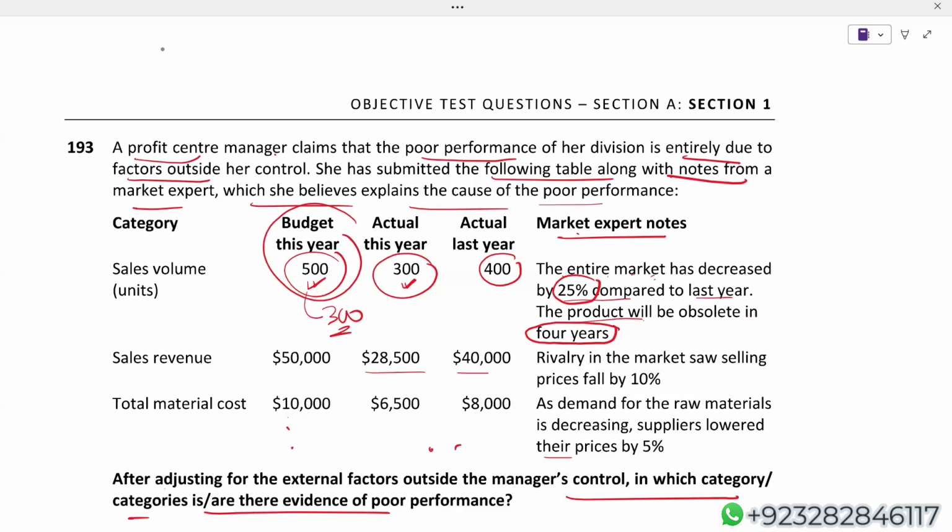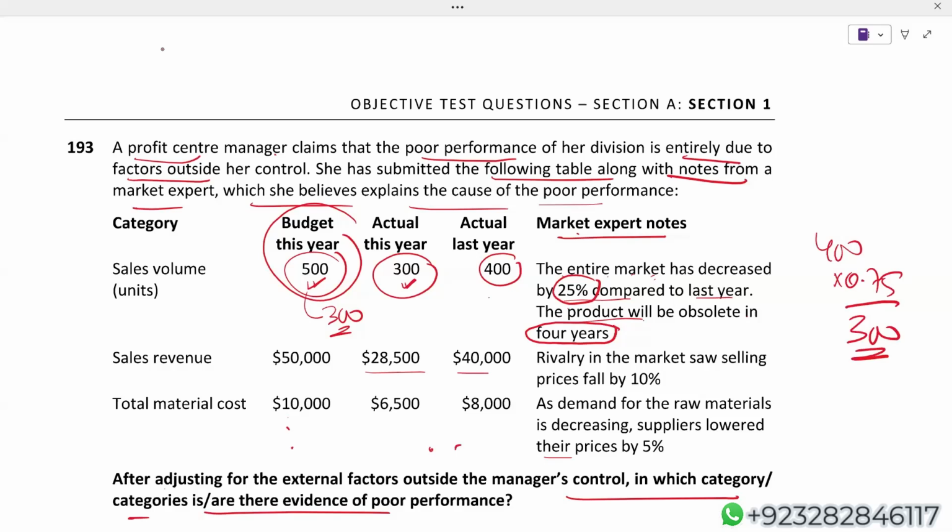Another way is: the entire market has decreased by 25% compared to last year. So if I take last year's 400 units and it has reduced by 25%, I take 75% of this and get 300 units.